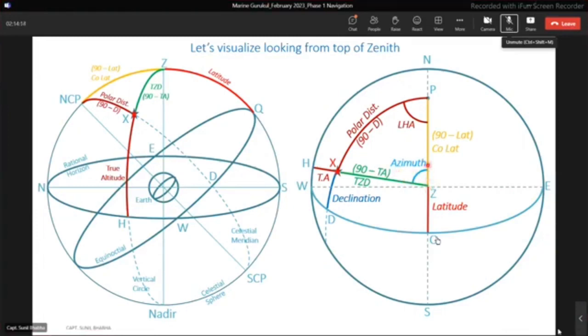So the angle between the celestial meridian of the observer and the vertical circle passing through the body is the azimuth of the body. You can visualize here, beta, this angle basically gives us the direction in which the body is.